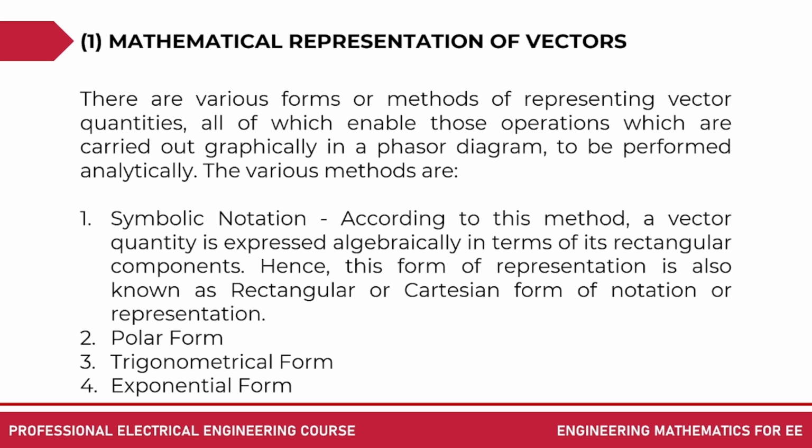Hence, this form of representation is also known as rectangular form or Cartesian form of notation or representation. Okay, so when you say rectangular form, it is also the symbolic notation. Next is the polar form, then the trigonometric form, and the exponential form. Okay, we'll discuss these four in the next slides.